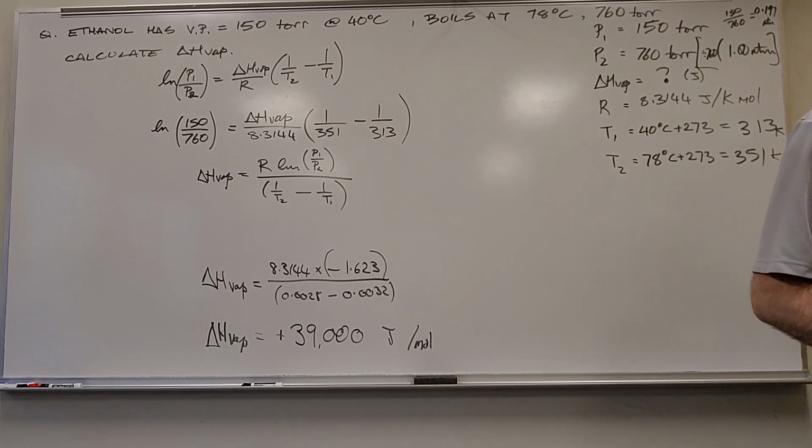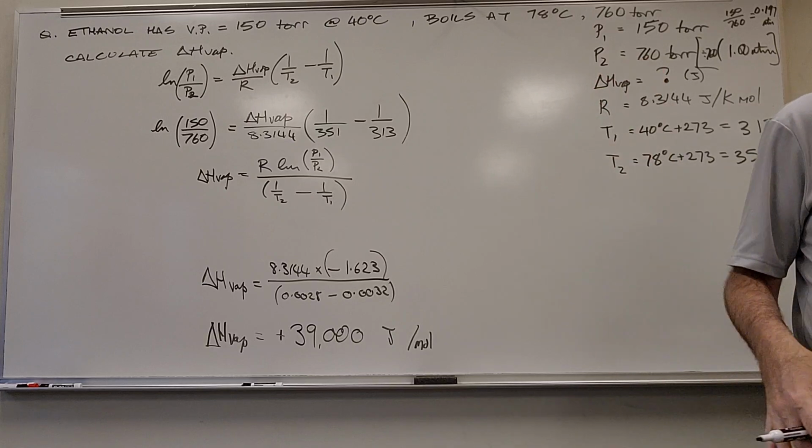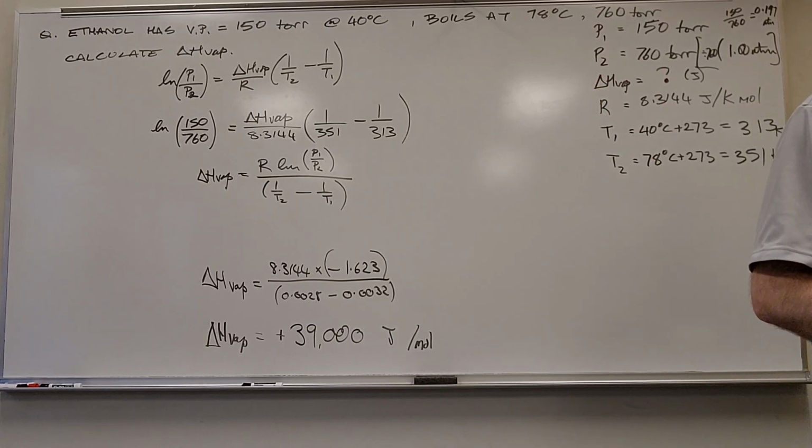I have another example. It's exactly the same thing, but it's at a wildly different temperature. I'm not going to bother, but I will tell you what it says. It says ice has a vapor pressure at 0 degrees Celsius of 4.56 torr.